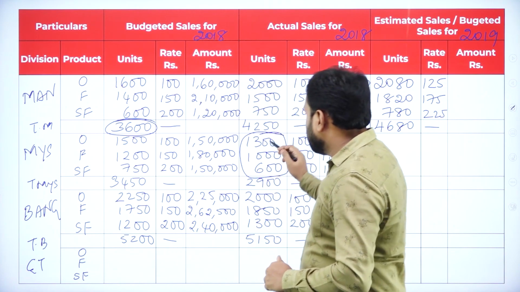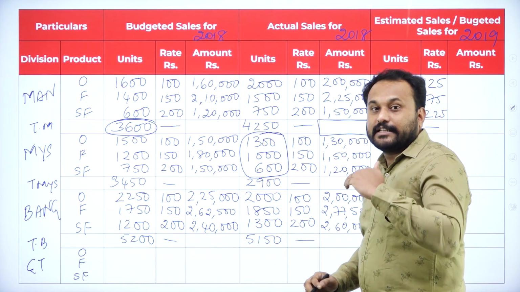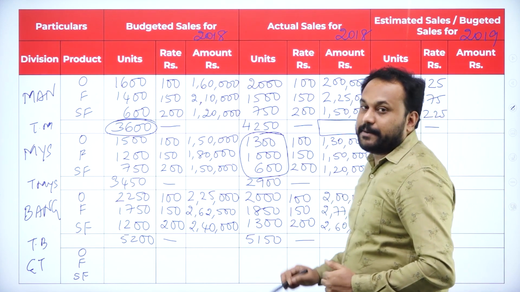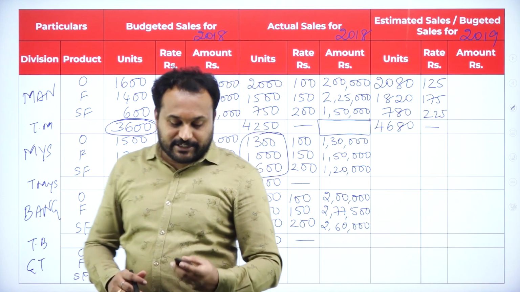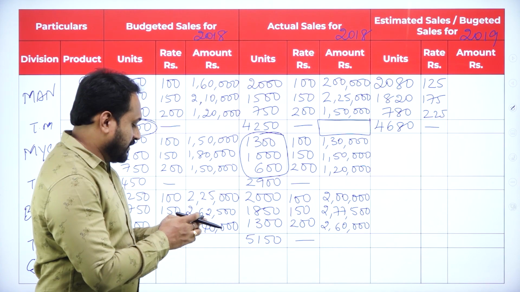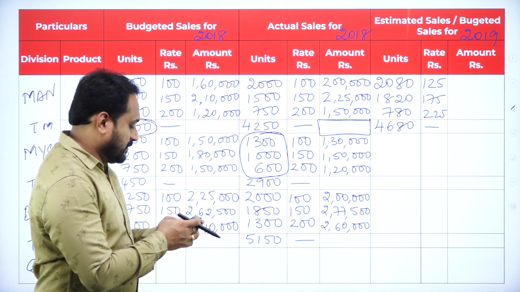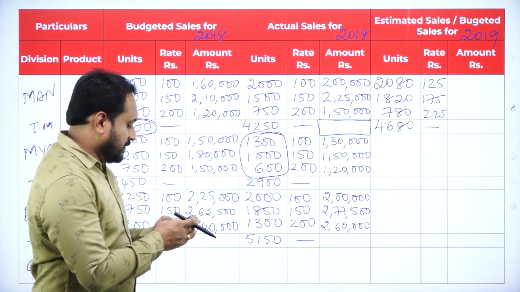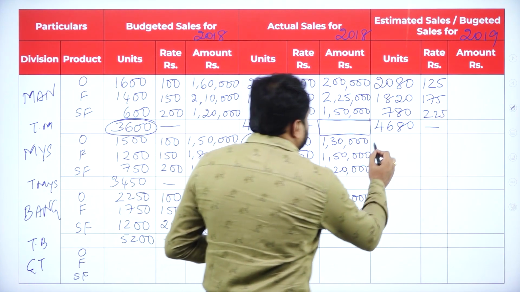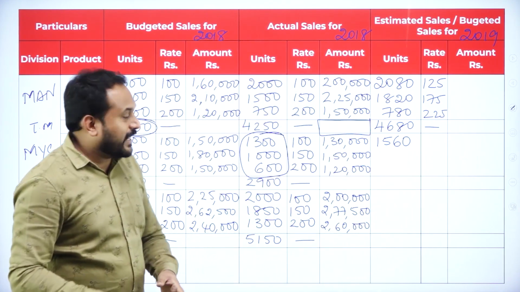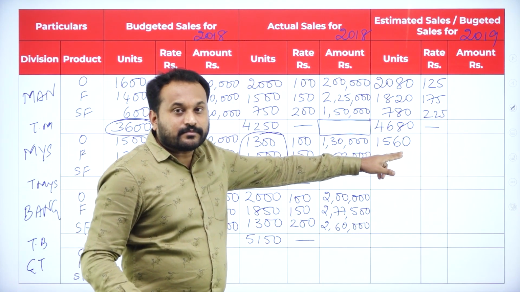1,300, 1,000 and then 600. That will be increased by 20%, 10%, 5%. So let's go with the calculation here. 1,300 into 20% plus 1,300 is 1,560. I'll repeat here, students, why I went with 1,560.